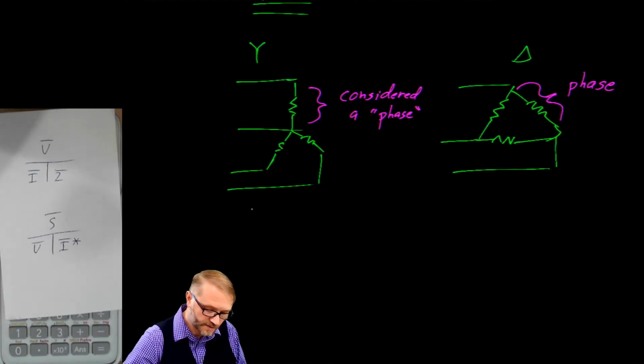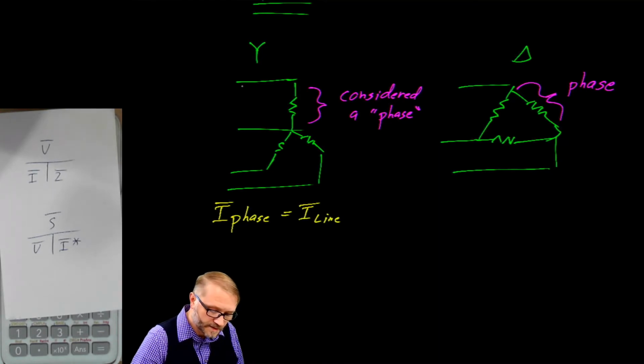With that definition, we can make a few related statements. The phase current is equal to the line current. That's an obvious statement, being as these are in series. So the line current, as measured here, would be the same as the phase current.